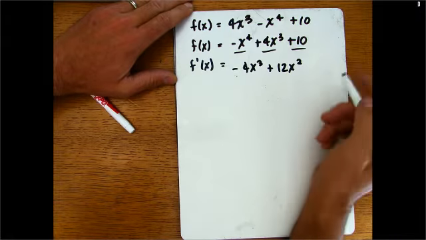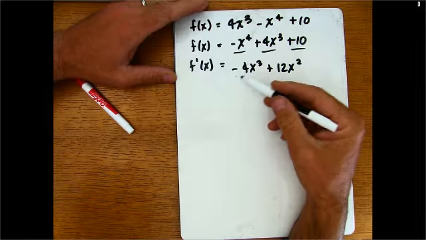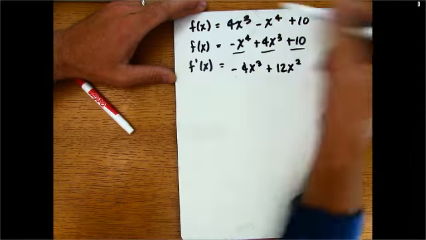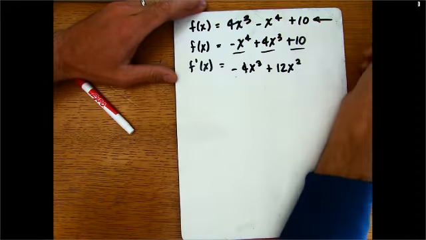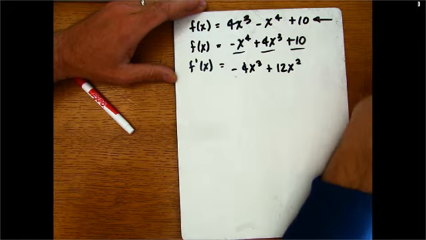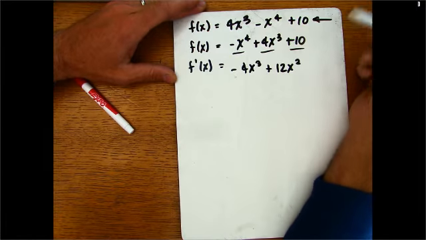And let's talk a little bit about what the first derivative tells us. Well, it tells us where that function has a positive or negatively valued slope. So one interesting thing to do is always to find where the slope might be equal to 0. So how would we do that?